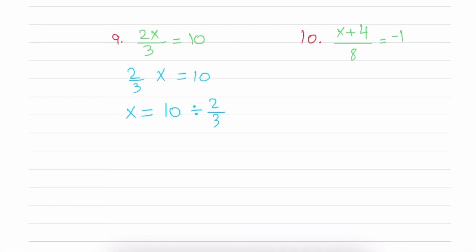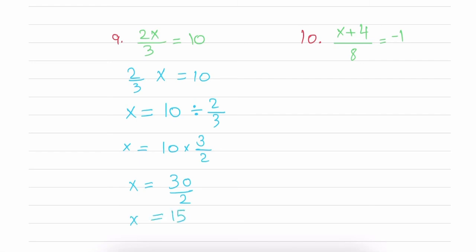In dividing fractions, as we learned, this means 10, change the division into times, then write the reciprocal of 2 over 3, which is 3 over 2. This means x equals 30 over 2, which is 15.